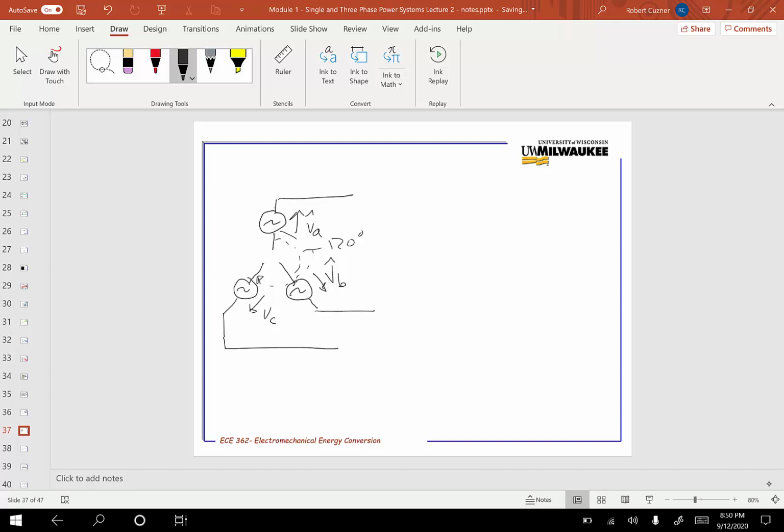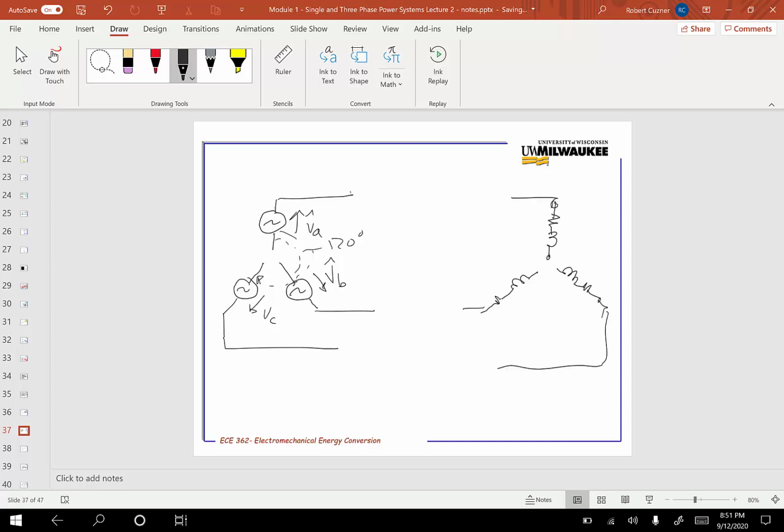So this is the way the source is represented, and you might maintain the same kind of pattern over at the load side. And what you do with three-phase systems, and what's the most ideal way to apply them, is to balance the load so that you can imagine, as I said before, three separate circuits powered by these three sources.